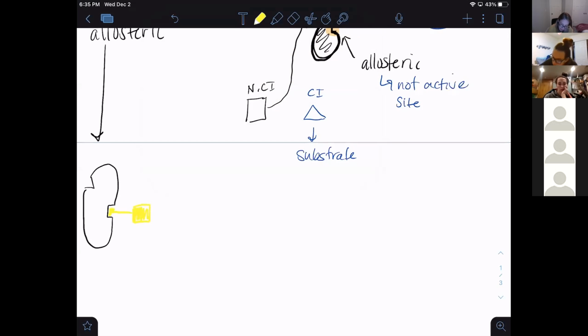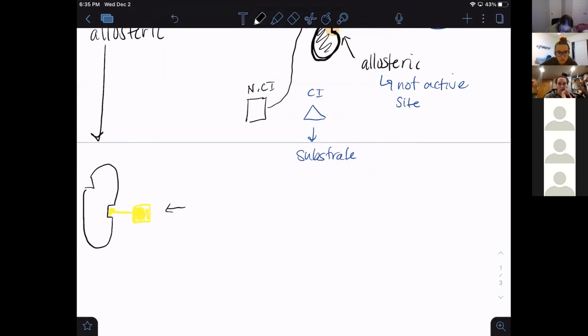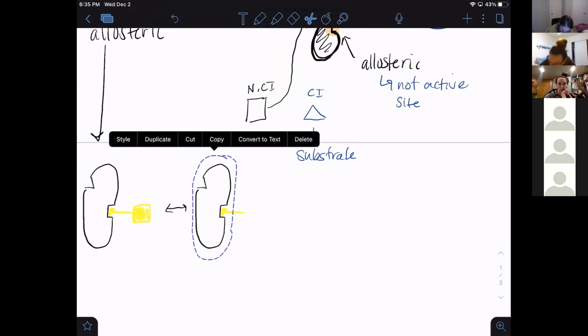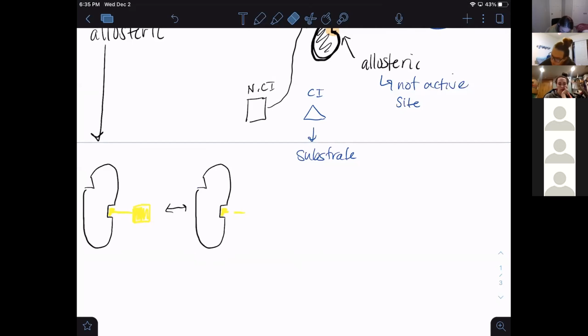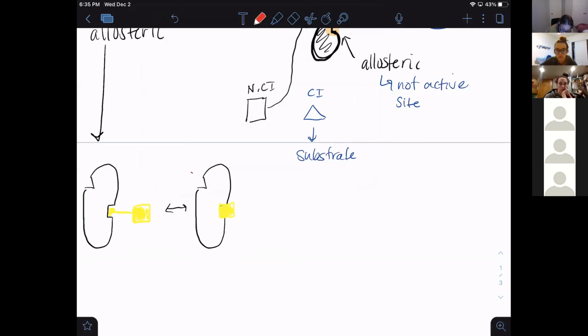When he fits there, I'm going to draw another arrow. And then I'm just going to erase this. Now what's going to happen is you have this binding here. He fits. What then is changing is this part right here.